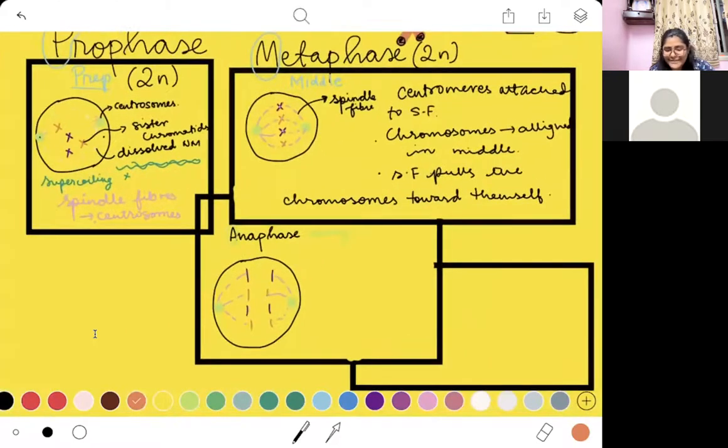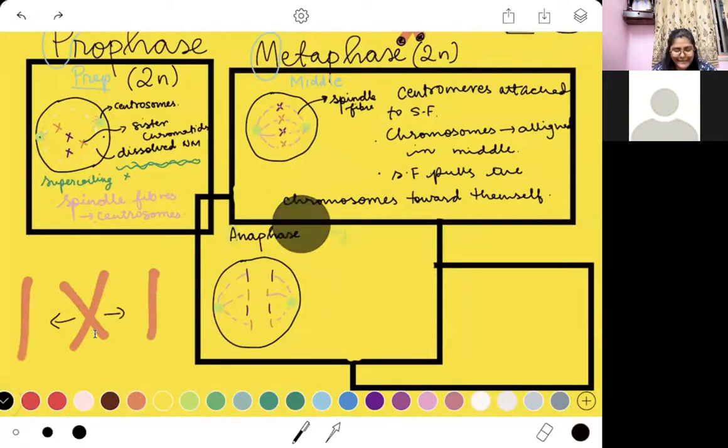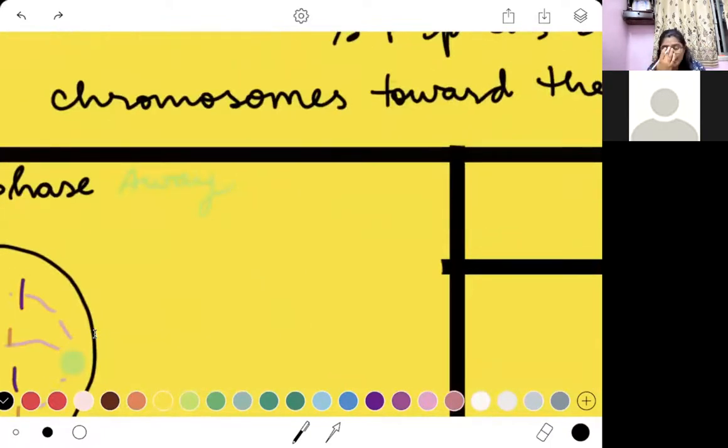Do you see that your X, that was like this, has been split and turned into individual structures like this. This is the key event that is taking place at your anaphase. Your chromosomes are going to get pulled apart. They align at the middle just like this, and now slowly they're going to separate out at anaphase.